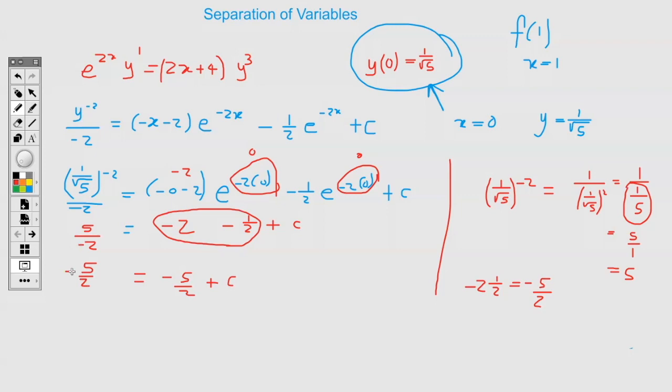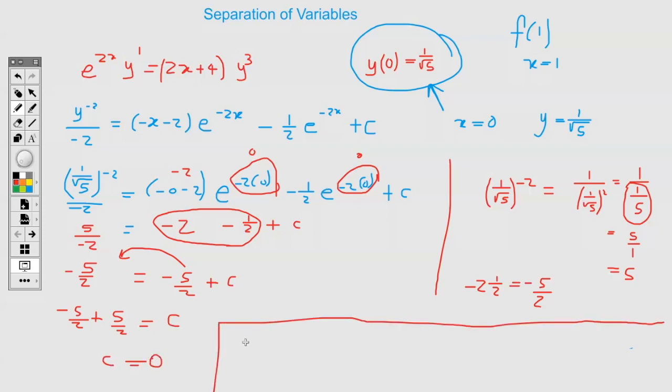So just to show you that they're the same thing. So carrying this over, it becomes positive. So I have minus 5 over 2 plus 5 over 2 is equal to c. So that means c is equal to 0.